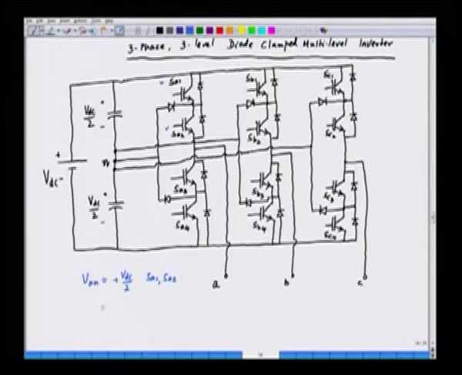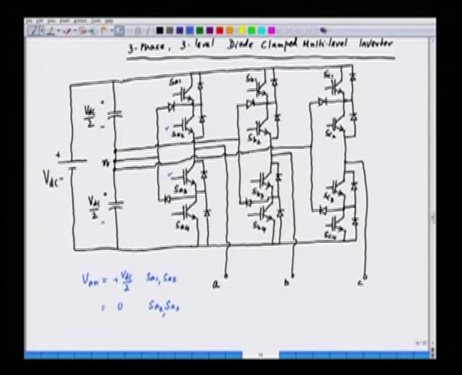and then it could be 0 when we switch on SA2 and SA3. So, when we switch on SA2 and SA3, the voltage output VAN is 0. What happens here?